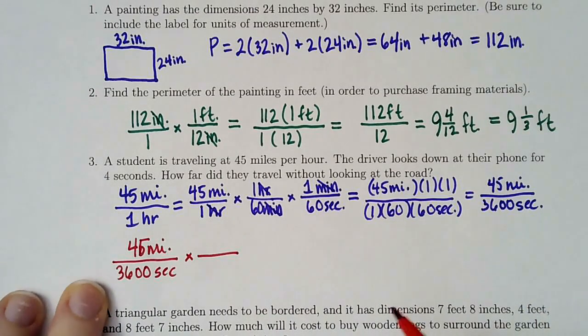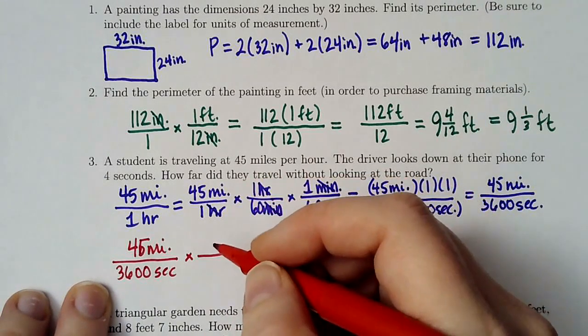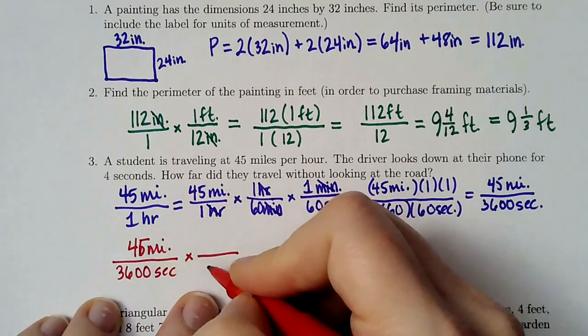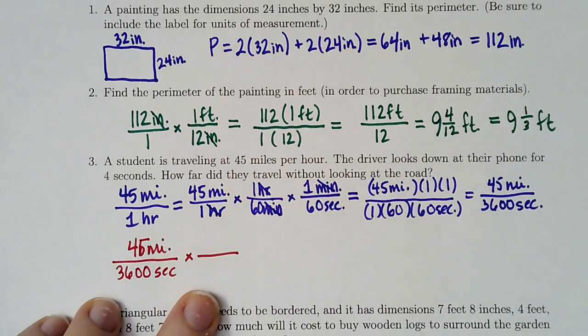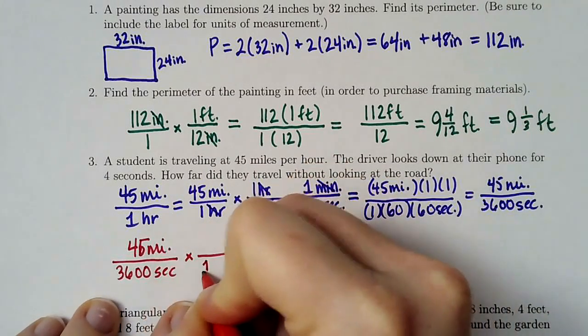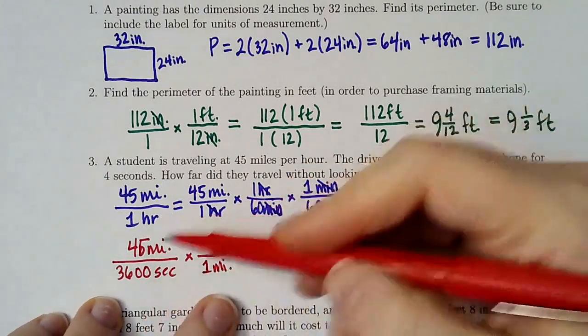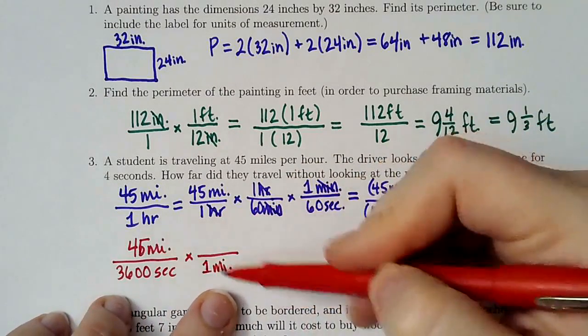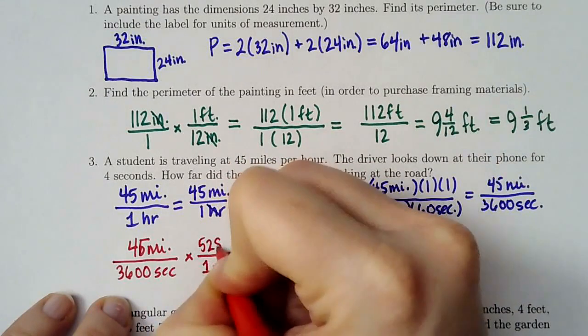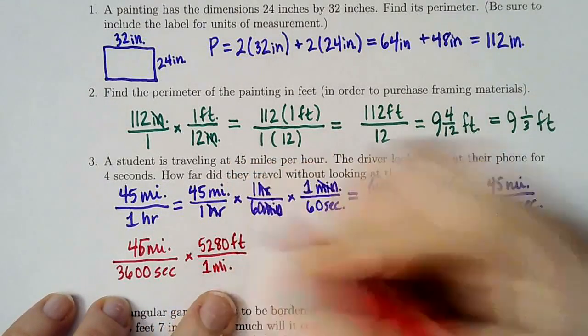Using the chart, make sure you're using your conversion chart here, we see that there are 5,280 feet in 1 mile. So I'm going to put my miles opposite, in the denominator, and I'm going to put the 5,280 feet in the numerator.